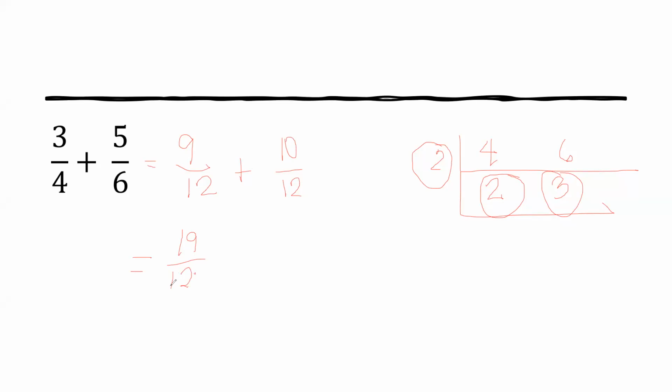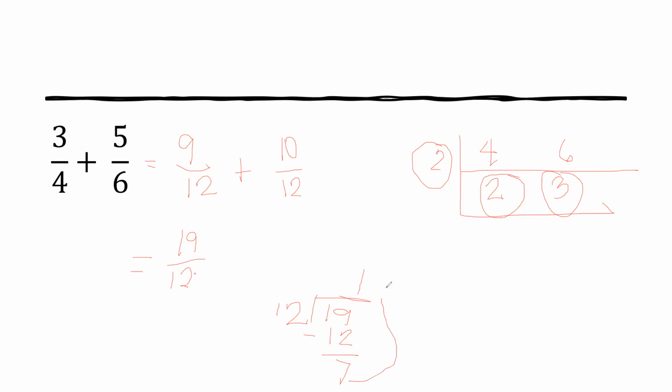May makapag-divide pa kaya sa 19 at 12? Wala na. So, i-change na lang natin siya into improper fraction to mixed number. May ilang 12 sa 19? Isa lang. So, 1, that will be 12. 19 minus 12 pala, 7.